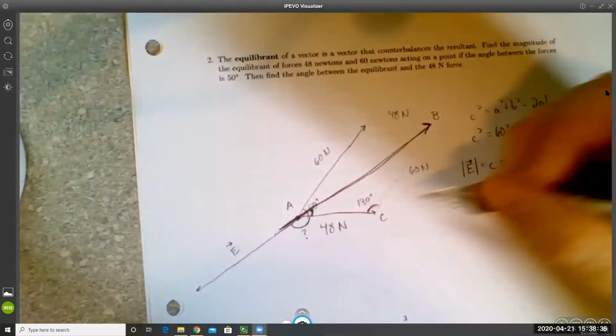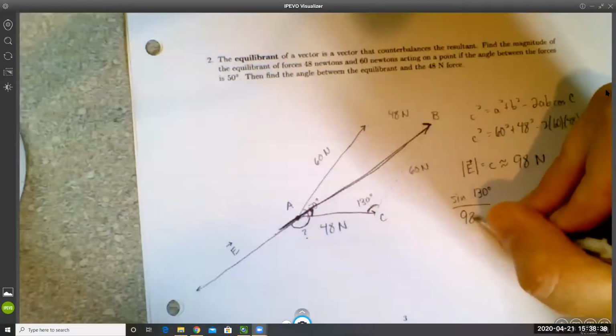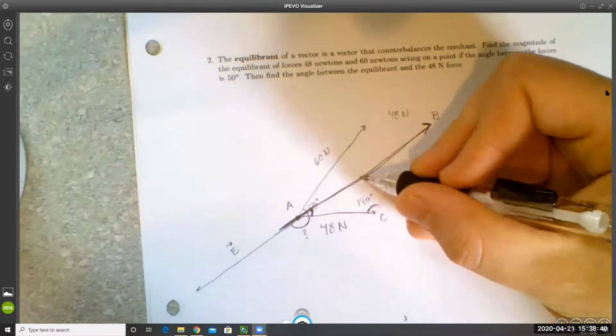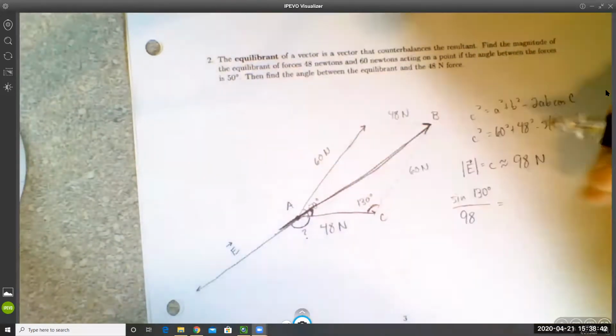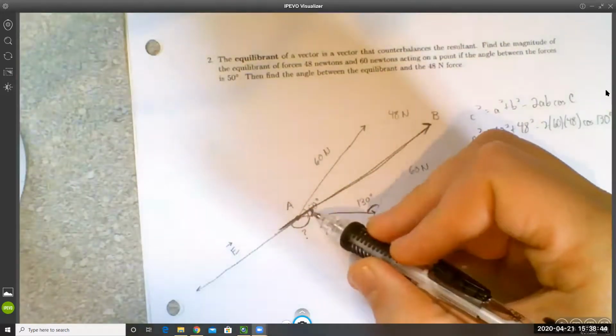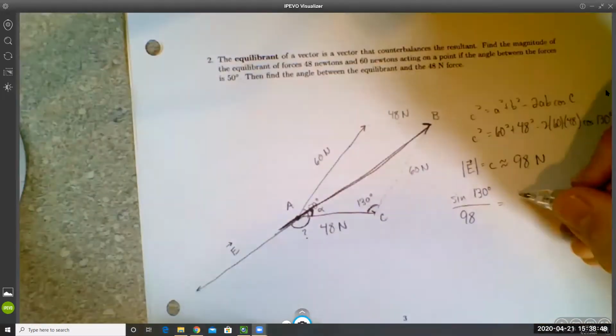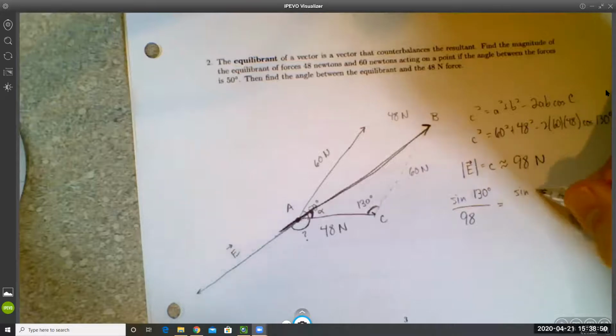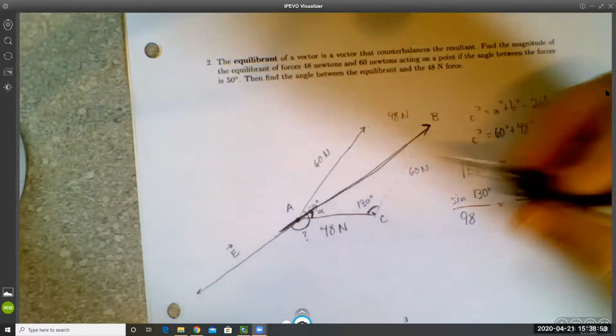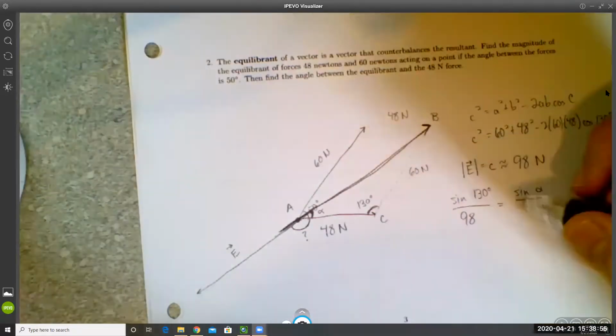Anyway, sine 130 over 98. So that's sine C over c, right? Sine 130 over 98 equals, what should we call this? Alpha, maybe? We'll say it's sine alpha over 60.